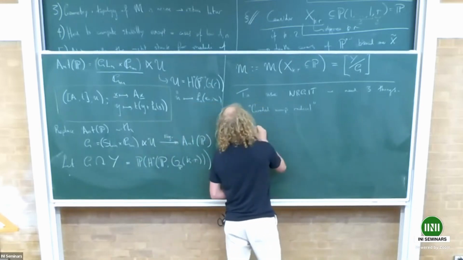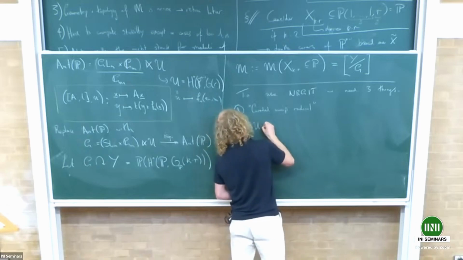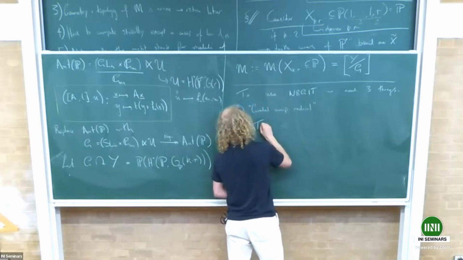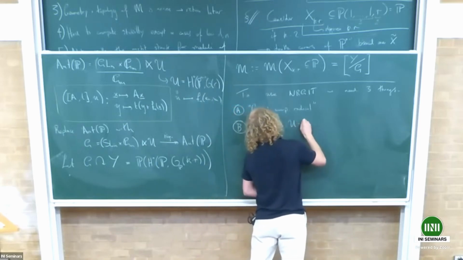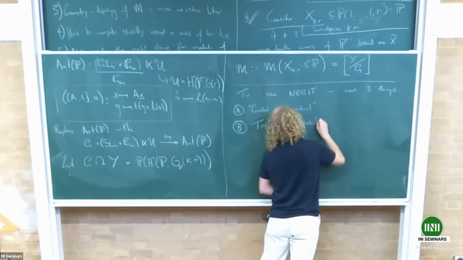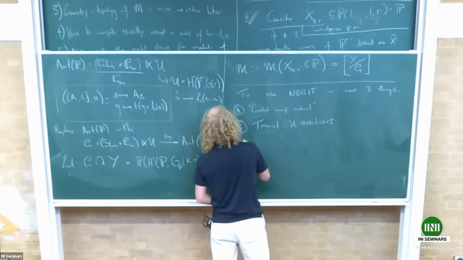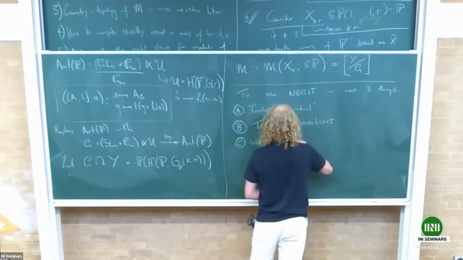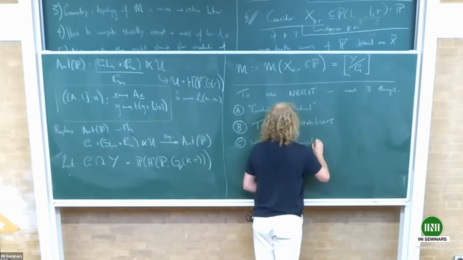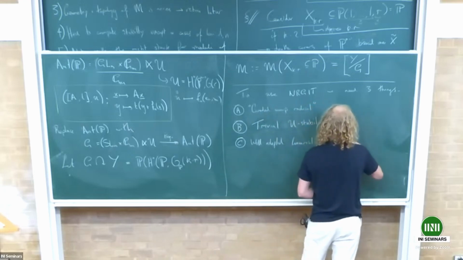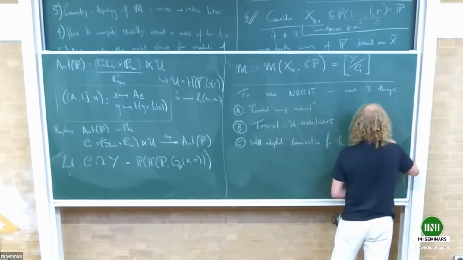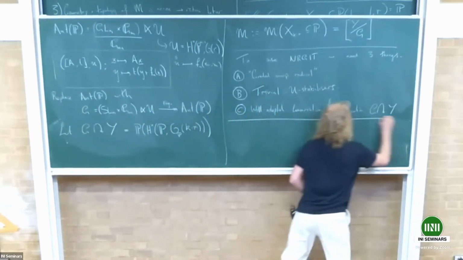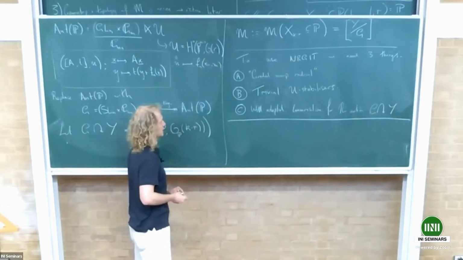Second, we need trivial U stabilizers. And we need a well-adapted linearization for the action on Y. So we're going to go through and check that we have each of these in each case.